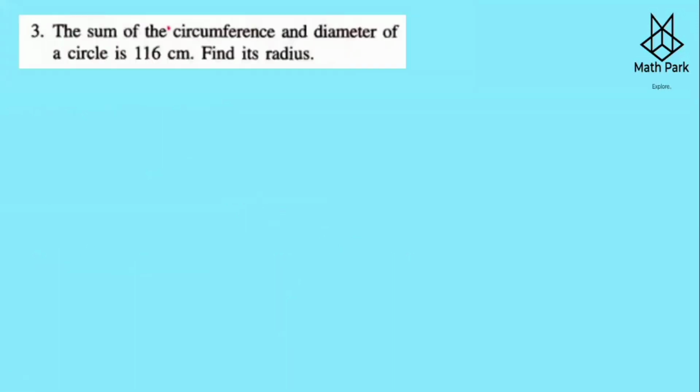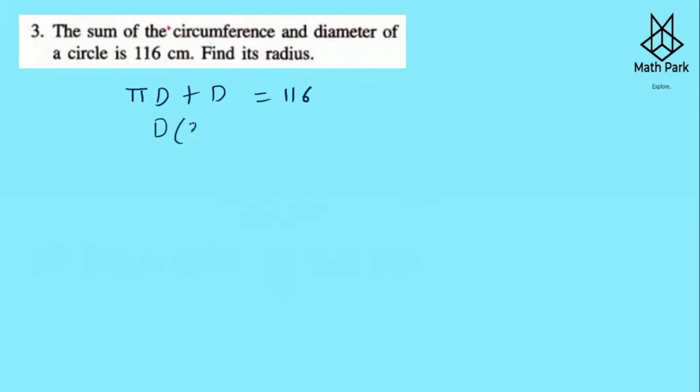Got it? Moving to question number 3. The sum of the circumference and the diameter of a circle is 116. Circumference is pi d, plus the diameter is equal to 116. Find its radius. So pi d plus d. Let us take d common.